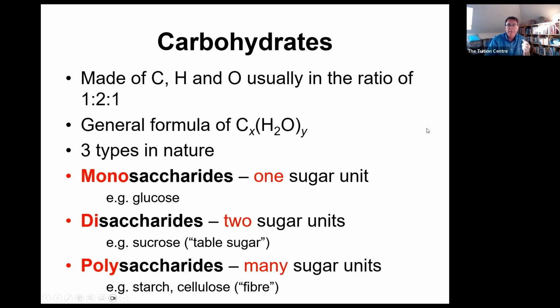Polysaccharides, we're talking about usually long chains of sugar units, of monosaccharides. And they can be arranged in just single chains, or usually it's more complex than that. There are lots of chains, but they're linked together. And you have examples like starch and cellulose.